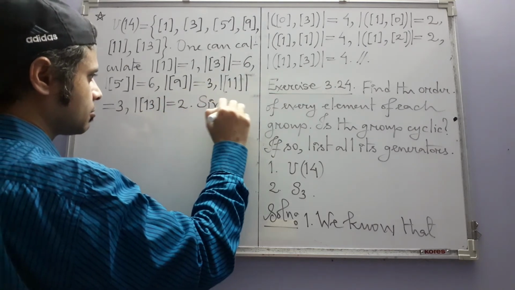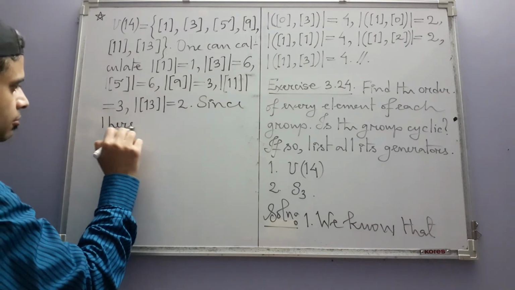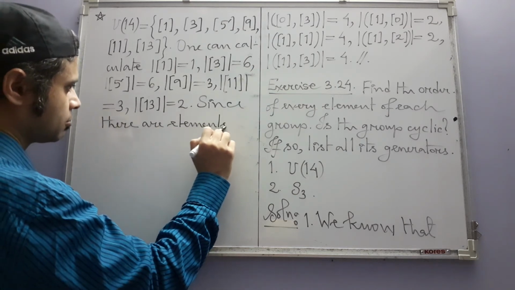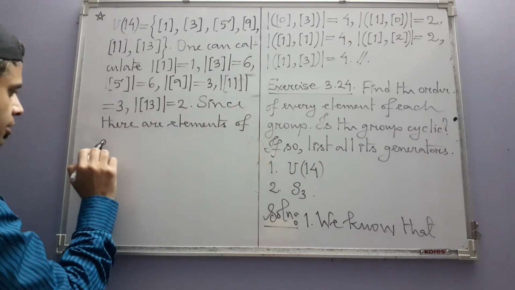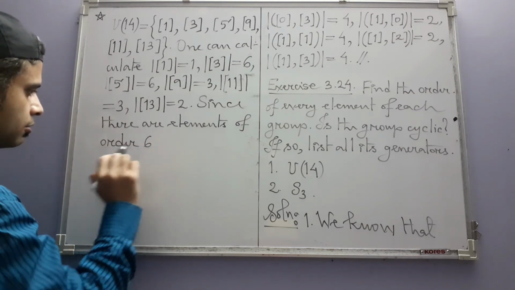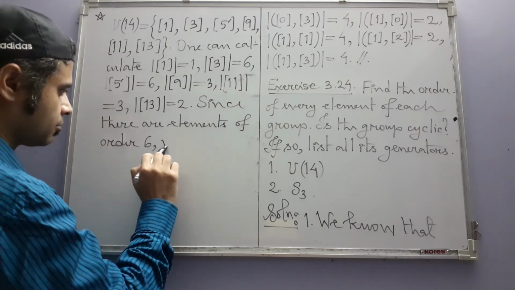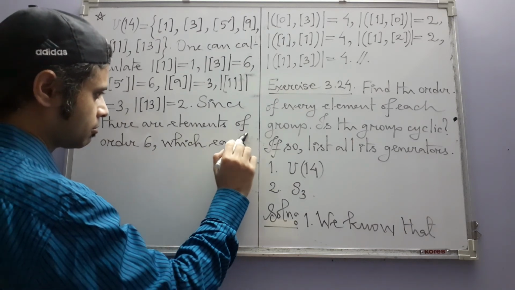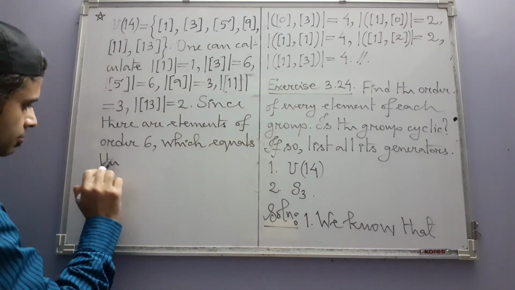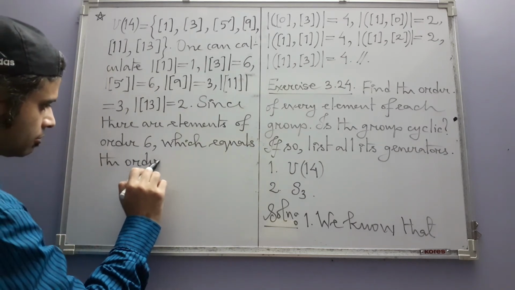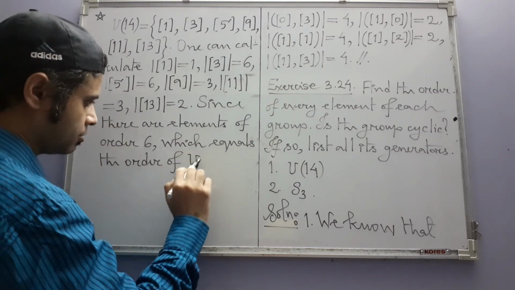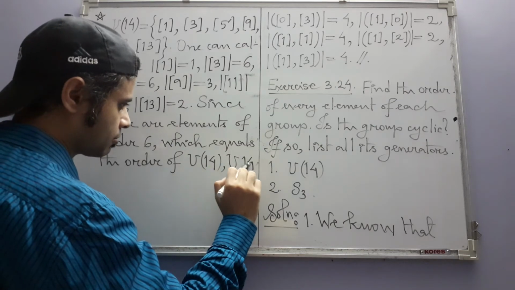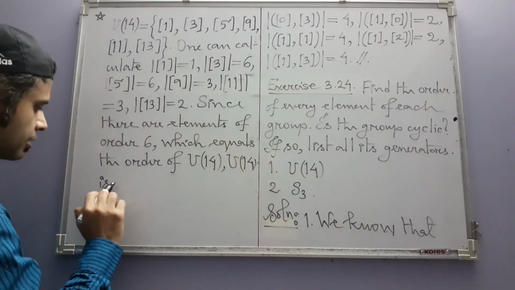Since there are elements of order 6, which equals the order of the group itself, the group is cyclic.